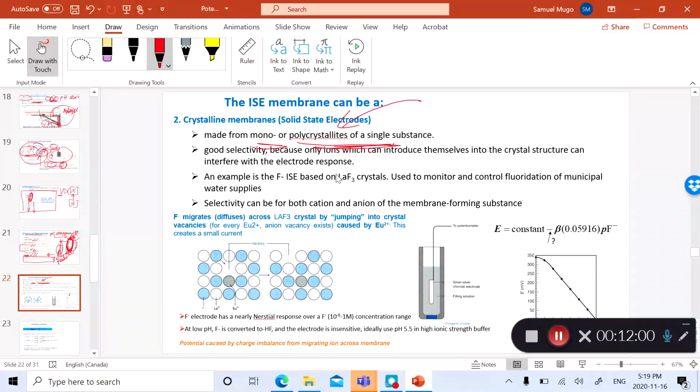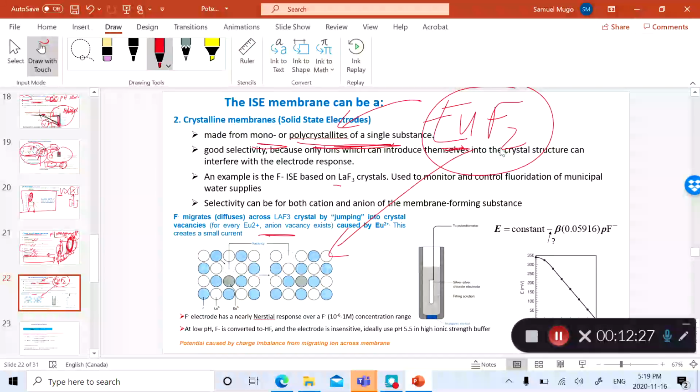So you take lanthanum fluoride, which is a monocrystal. And typically what you would do is you would dope it with another crystal, like the europium fluoride. And so you would dope lanthanum fluoride with the europium fluoride. And when you do that, because the valences of europium and lanthanum are different.